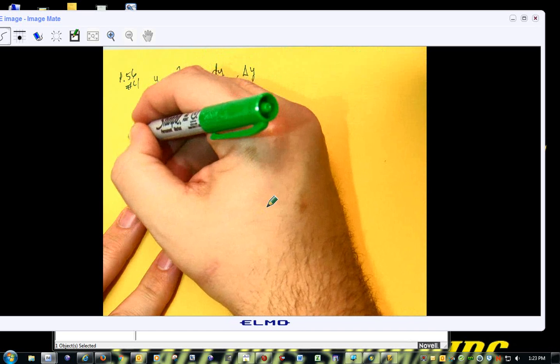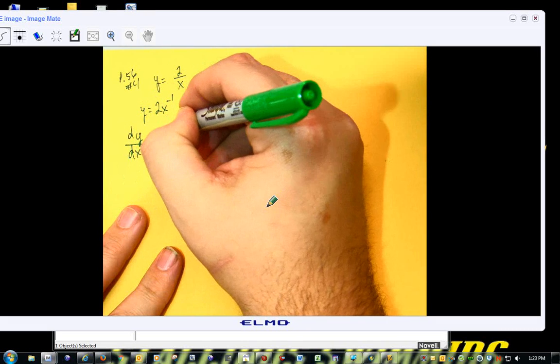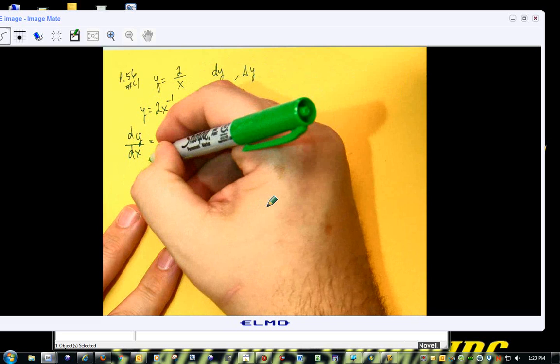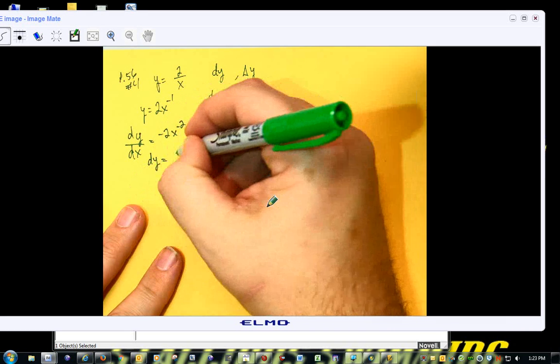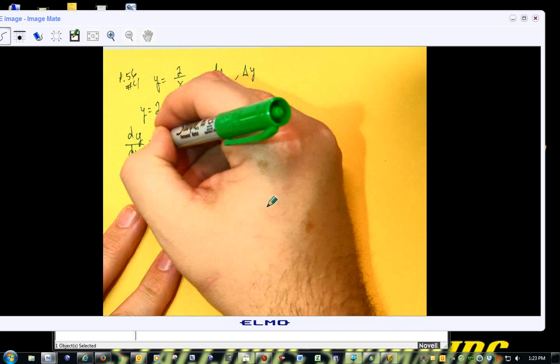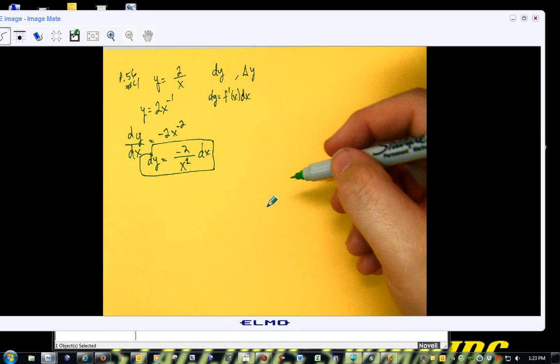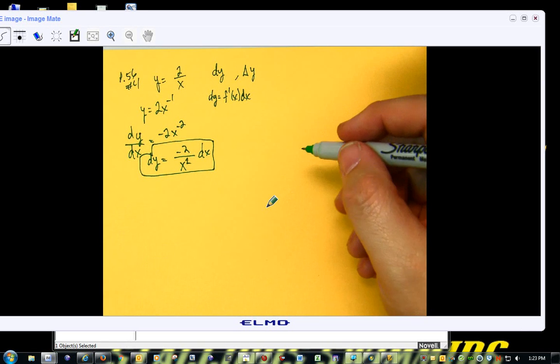So dy/dx is going to be equal to negative 2 times x to the negative 2nd power. So dy is going to be equal to negative 2 over x squared dx. So there's your first part, that would be your quick power rule to get there.